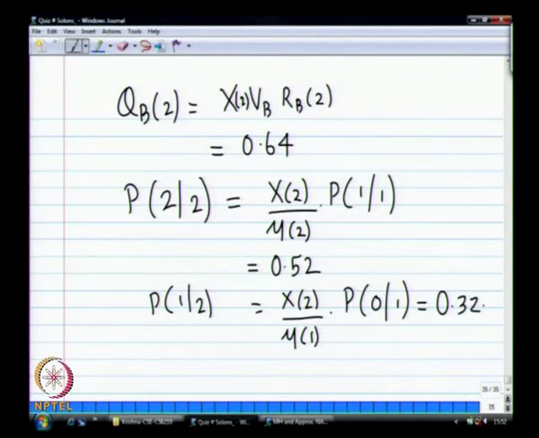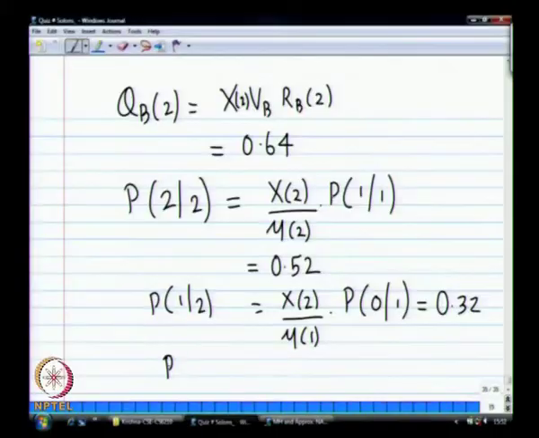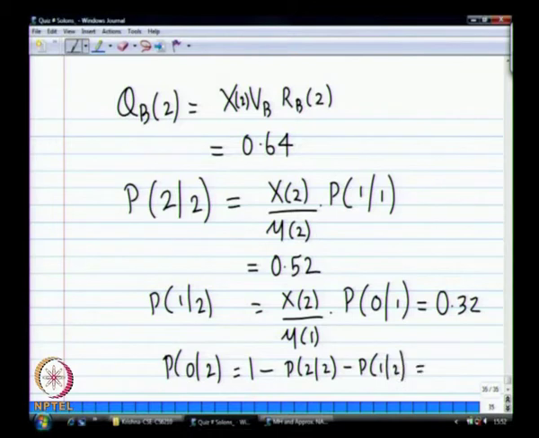So what you find is the probability of both customers being in this FEC when there are only 2 customers in the system is fairly high, 0.52, and one customer is 0.32, and therefore no customers is simply 1 minus P of 2 comma 2 minus P of 1 comma 2. So that should be 0.16, we hope.